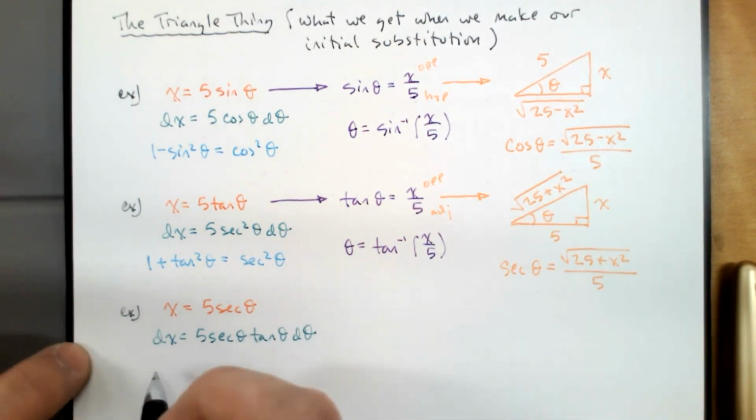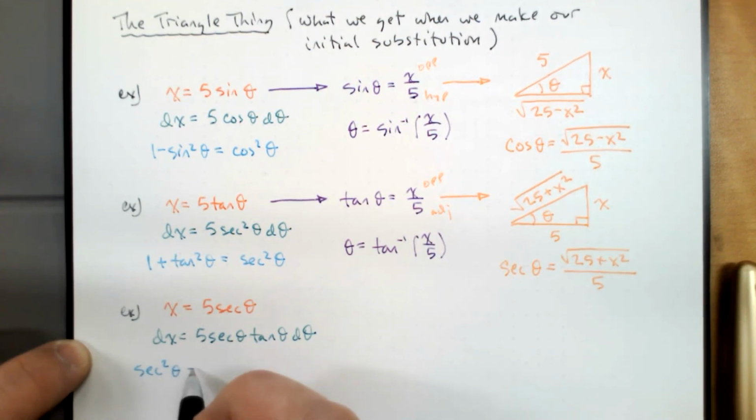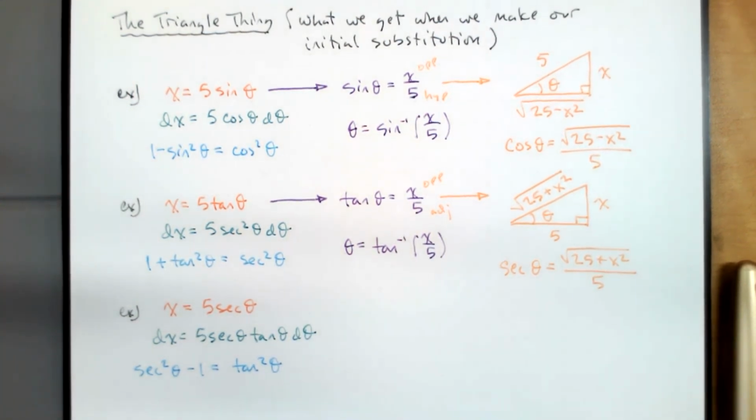We're going to need the identity secant squared minus 1 is equal to tangent squared. These are the three pieces that we'll need to go from our x integral to our theta integral.